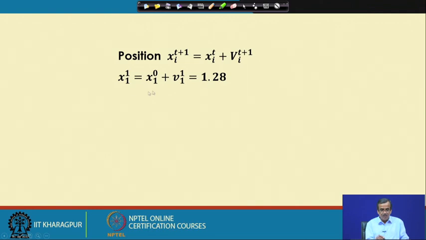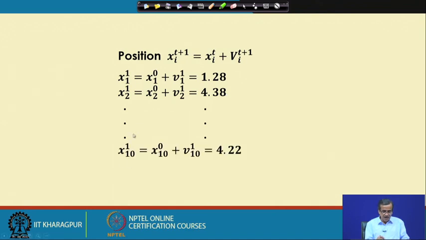So, I can find out x_1^1, and that is equal to 1.28. Similarly, I can find out x_2^1 is 4.38, and all the positions, and the last is x_10^1, that is nothing but 4.22.